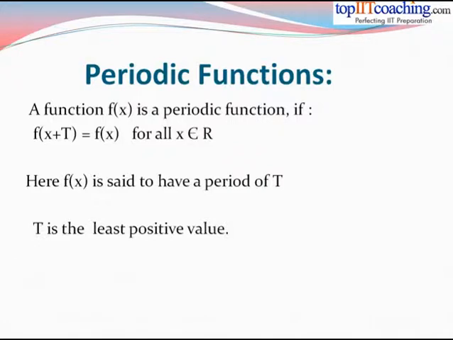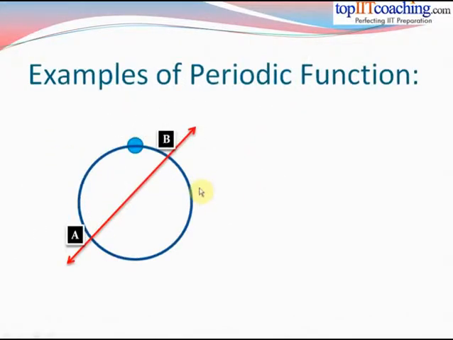So once again, if f(x + T) is equal to f(x), then f(x) is said to be periodic and the least positive value of T is taken to be the period of f(x). Now let us try to see a few examples of periodic functions. Now we see that this particle is moving along a circle.